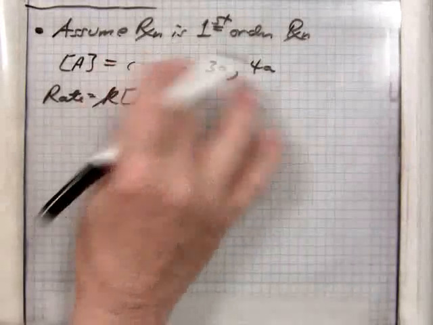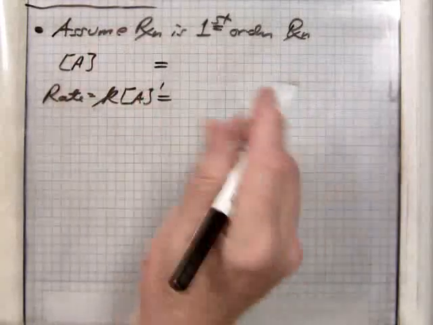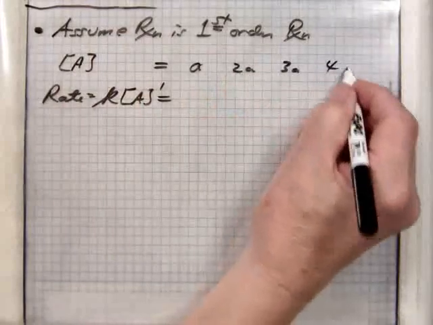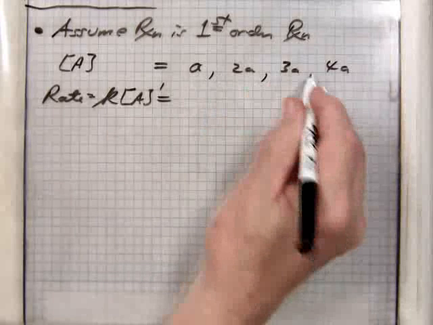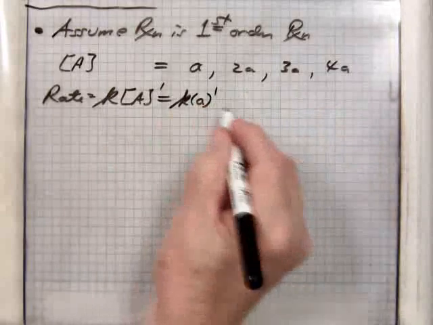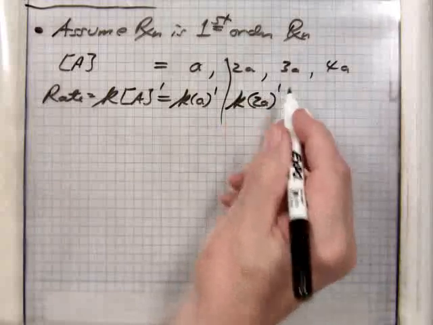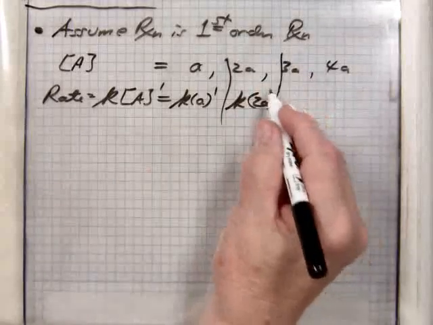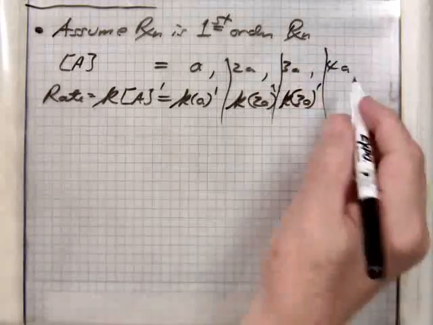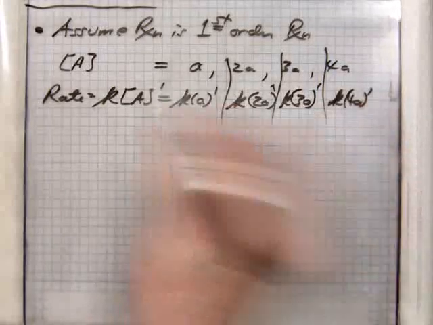So I'm going to move that down so it'll correspond to my scribble. And so A, 2A, 3A, and 4A. So if I go K, A to the first power, then K, 2A to the first power, K, 3A to the first power, and then K, 4A to the first power, like that as I go along.